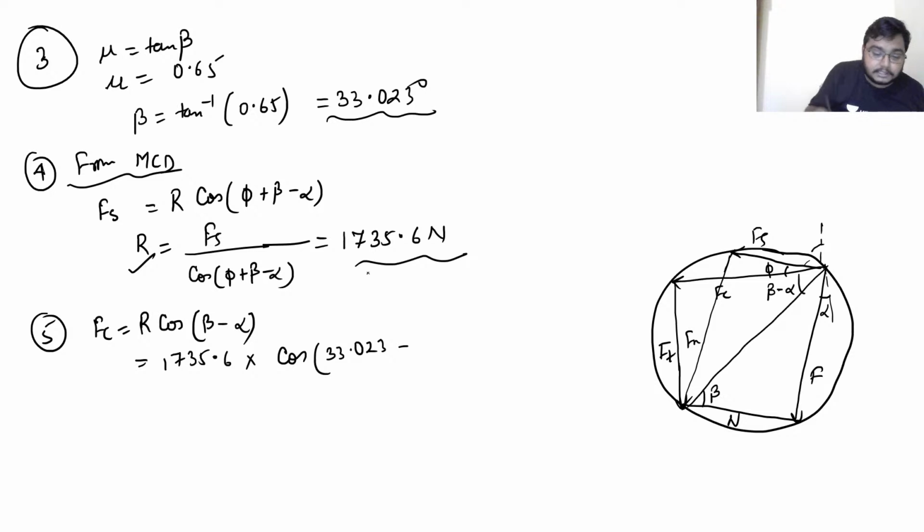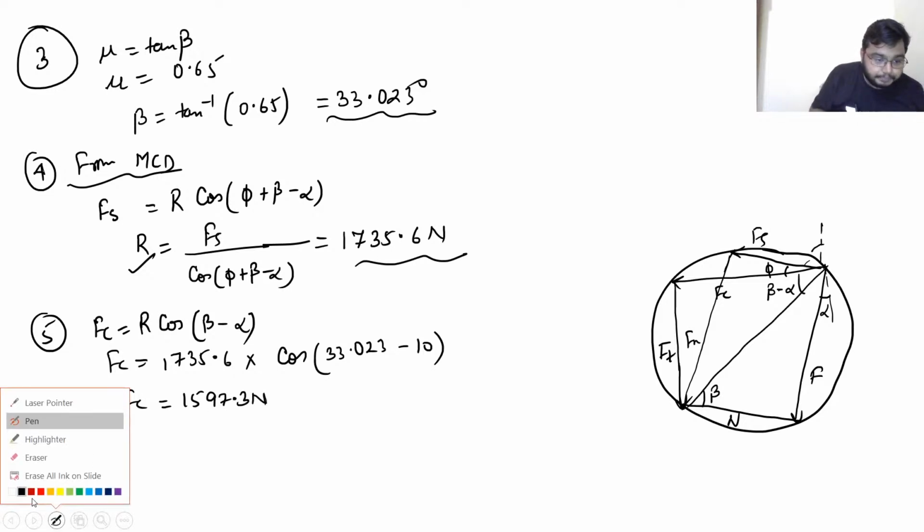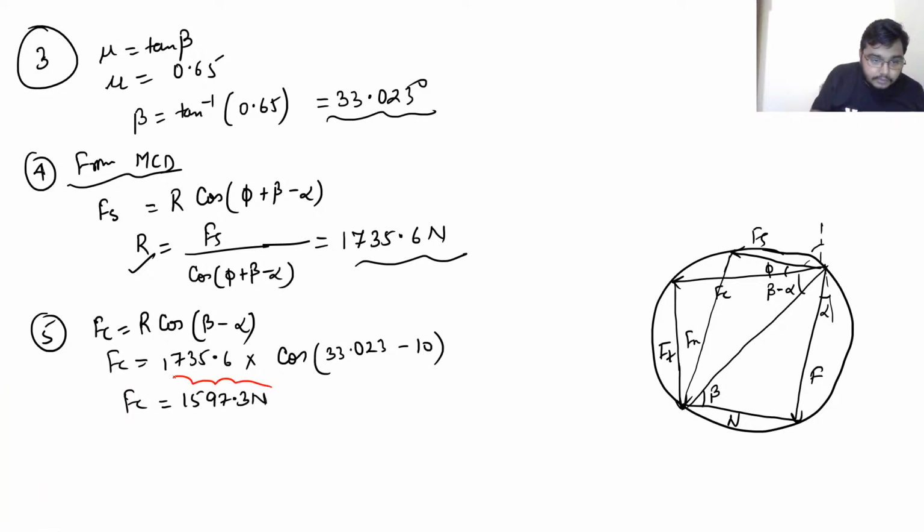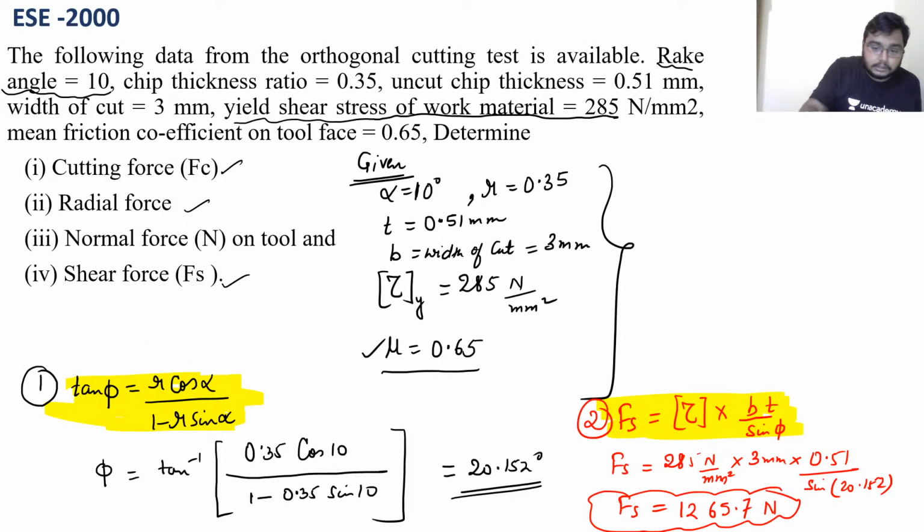Alpha is given as 10 in this question. So from here you will get the value of FC. FC would be 1597.3 Newton. Clear? And earlier you have found out the value of Fs.